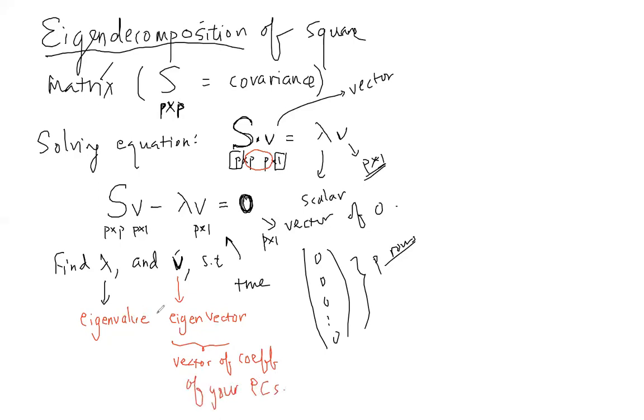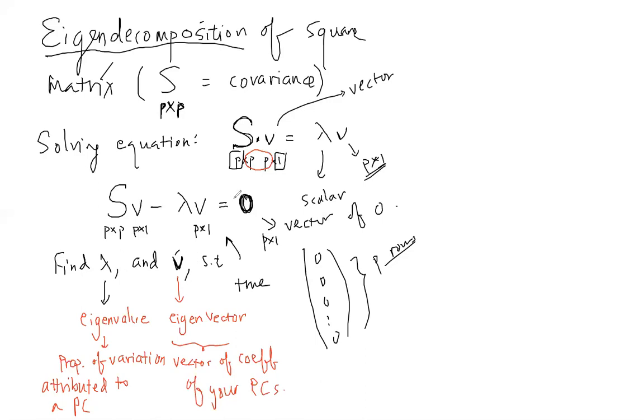The eigenvalue allows you to calculate something called the proportion of variance, the proportion of variation attributed to a PC. So these are what they actually mean in the context of principal component analysis.